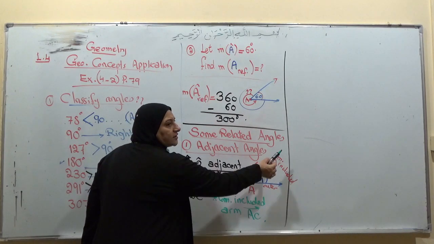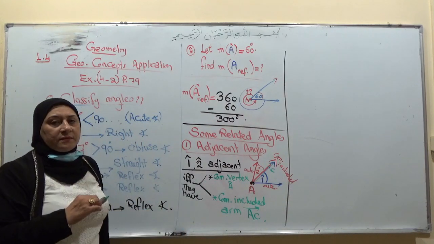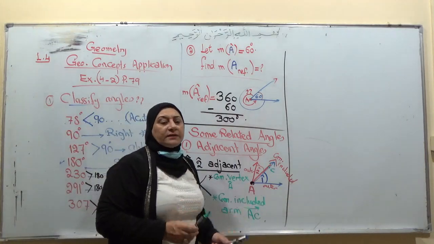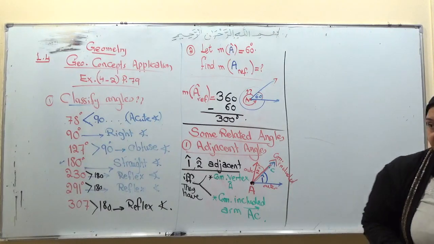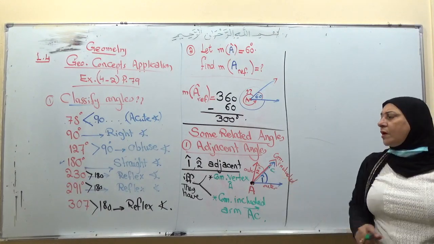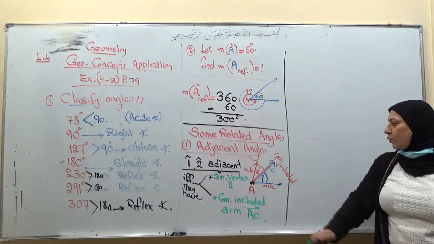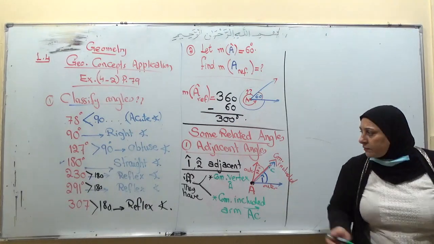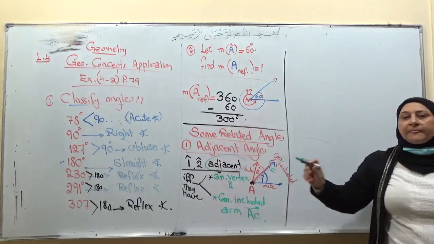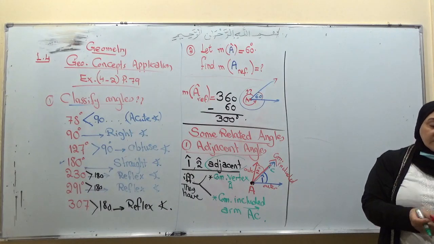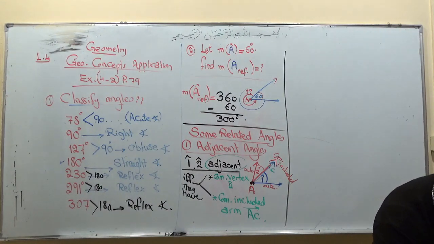So the included arm is in between the outer sides. At that moment, we can say there is a relation between 1 and 2. What's the relation? Adjacent. This is the first type of relation between two angles.